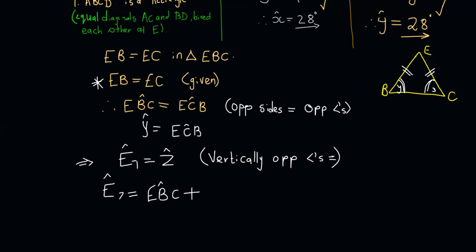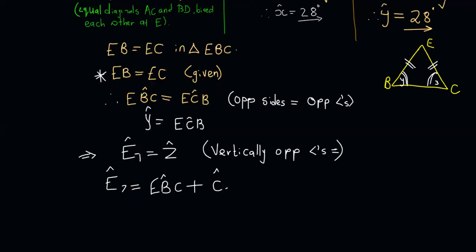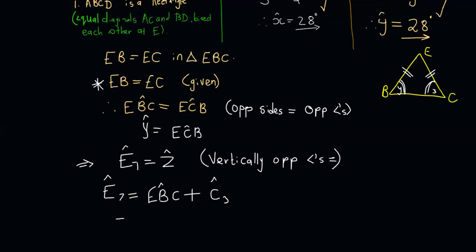Remember, we want to calculate Z here. E7 is the same as Z from the statement that I just wrote: E7 is equal to Z. It means that where there is E7, I'm going to write Z. It's equal to, then let's look at angle EBC. On the diagram, angle EBC is given by Y. We're giving it as Y, so I'm just going to write size of angle Y.